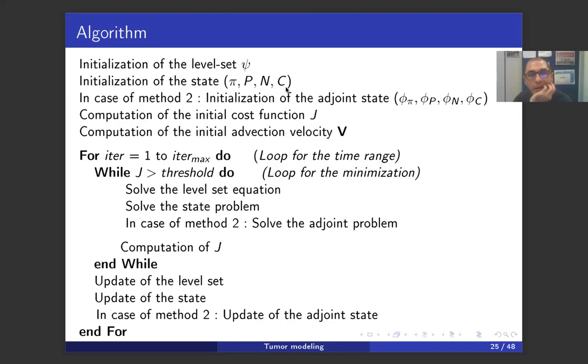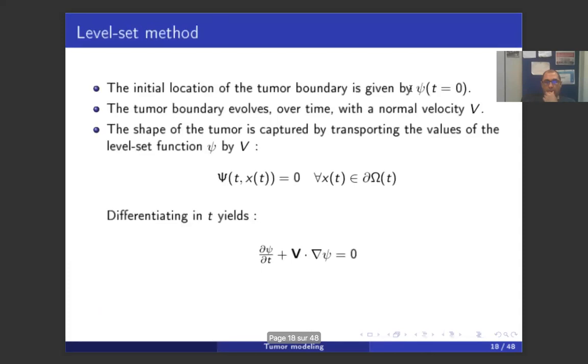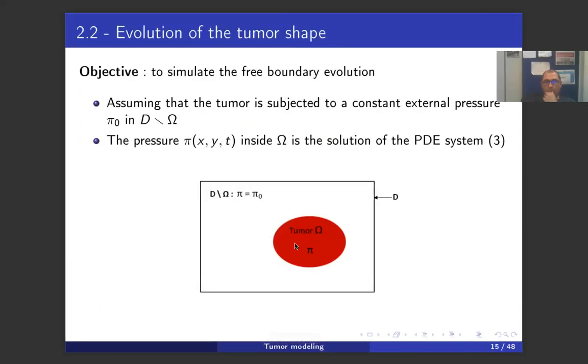Rajae, there is someone who wants to ask a question. Okay. Hadi? Thank you, Nabil. Just a little question about the minimization problem. The variable is the domain omega? The domain omega, and also all the density variables and the pressure also. But omega evolves in which set? In D. I will show you this slide.